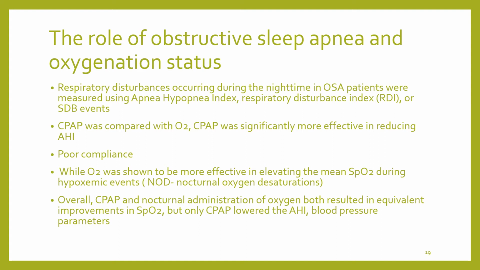What they did was look at sleep disturbances measured at nighttime using the AHI, the Respiratory Disturbance Index, the RDI, or SDB events. And they were comparing CPAP versus oxygen. They found that CPAP was much better at reducing apnea-hypopnea index levels than straight oxygen.